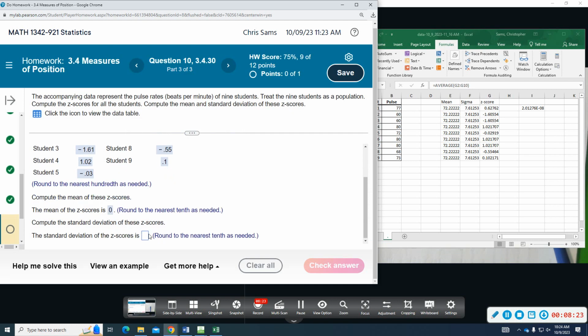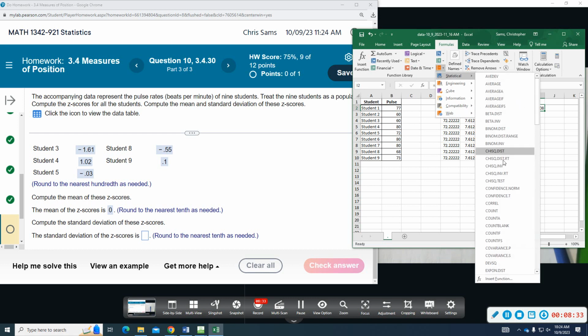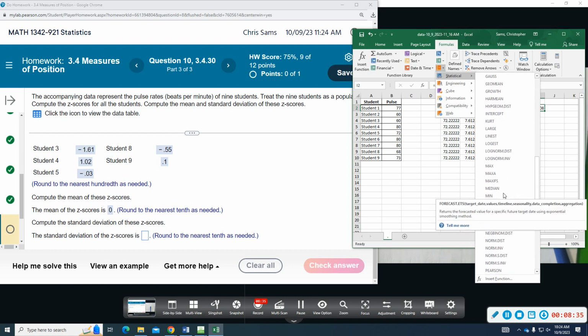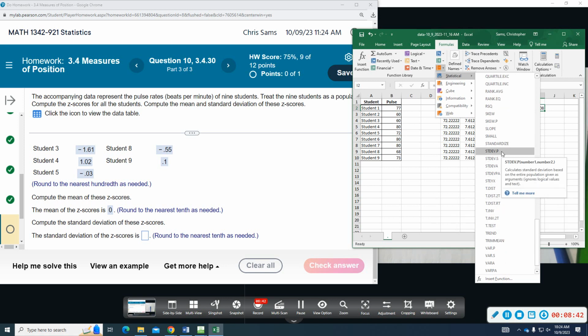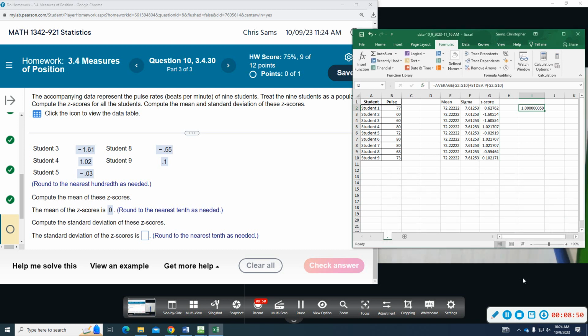And then the standard deviation of the z-scores. I guess we're going to stick with population, so we're going to go statistical standard deviation of these guys. And it's giving me 1.